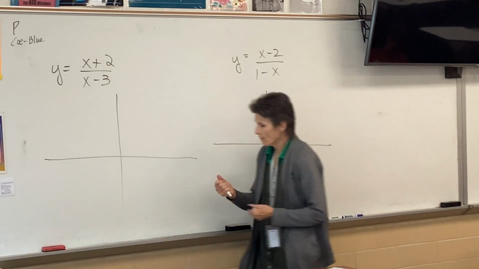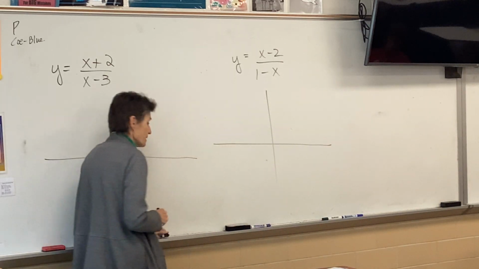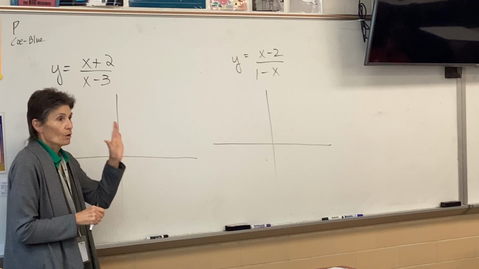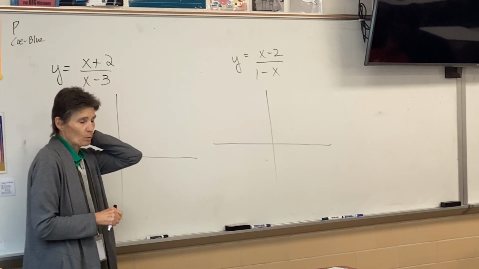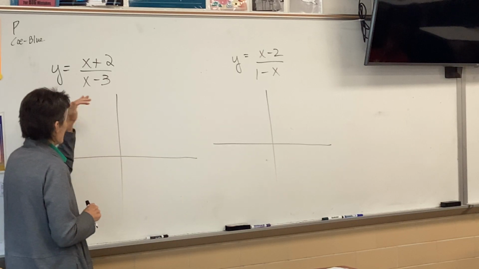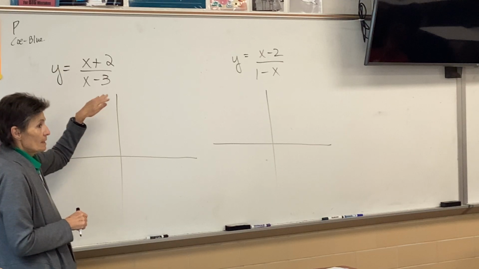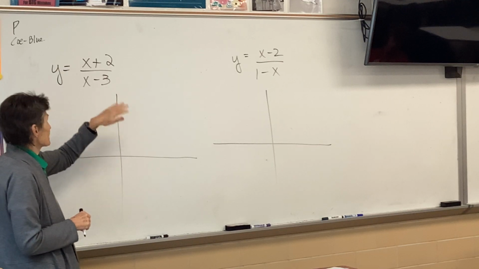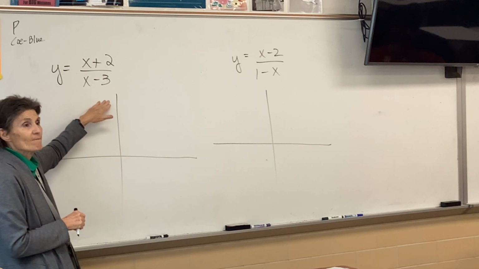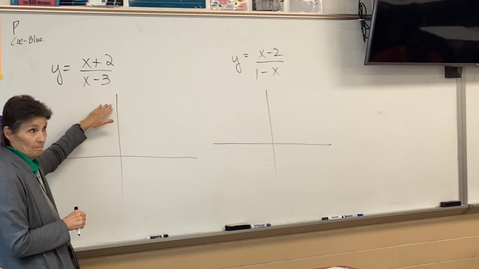We have already discussed pieces of this earlier, actually in chapter 1. Can anybody remember about a vertical asymptote?